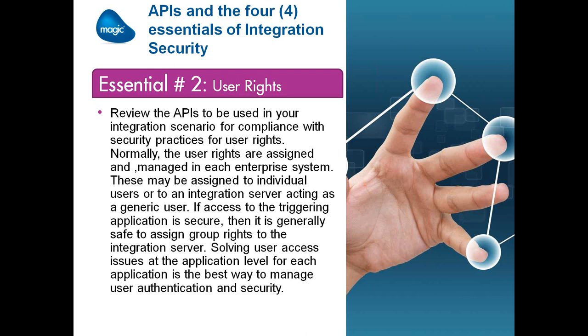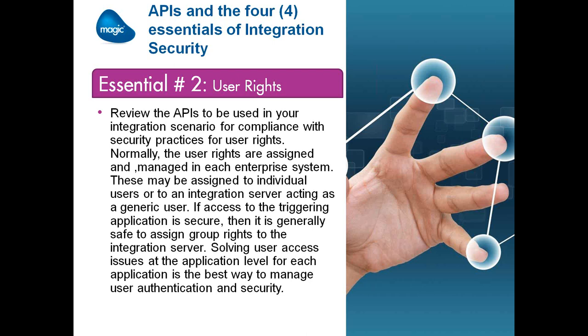But as we just described, there might be instances where you need to look at that and adjust it. These rights may be assigned to individual users or to an integration server acting as a generic user, and you have to decide which is the best approach. It's certainly easier to assign rights to a generic user, but it might not be best from a security standpoint.